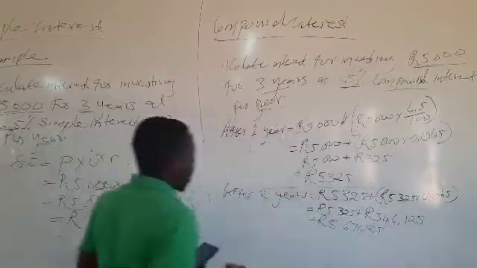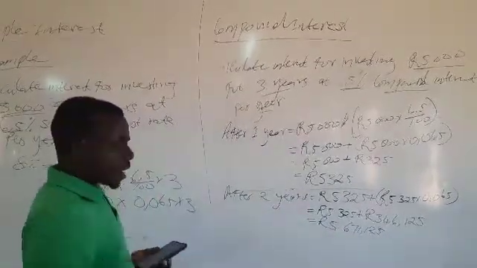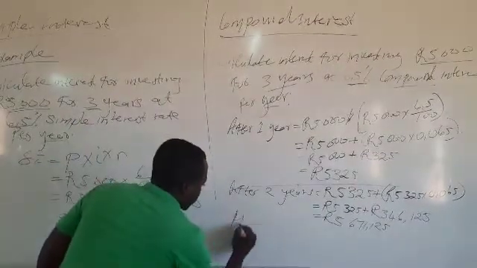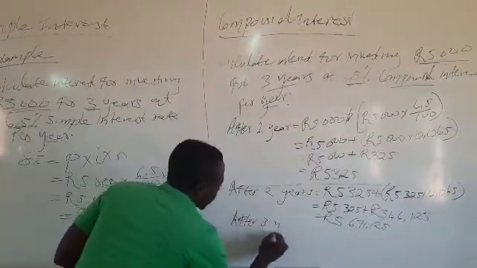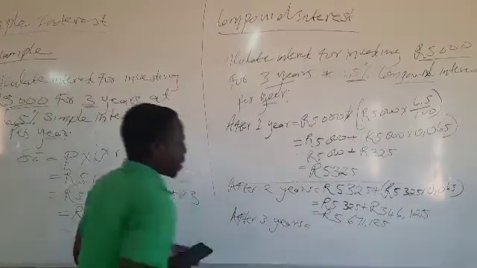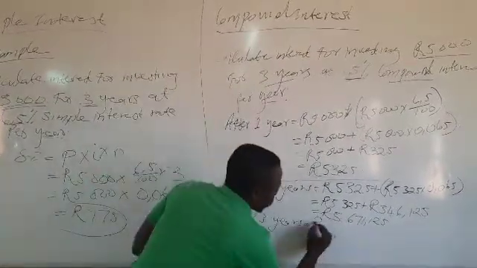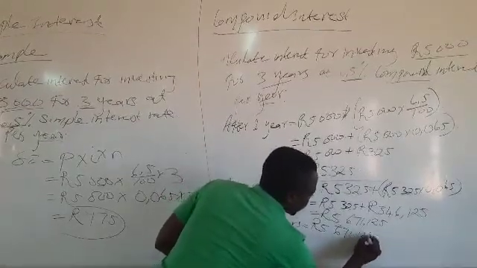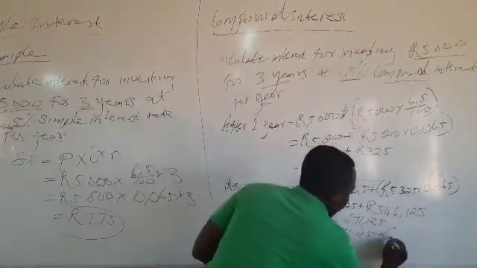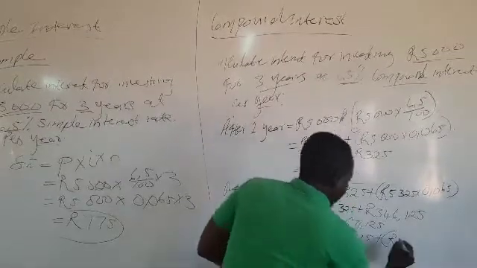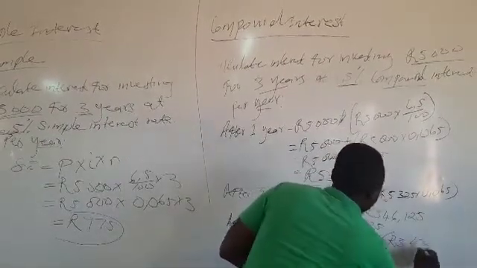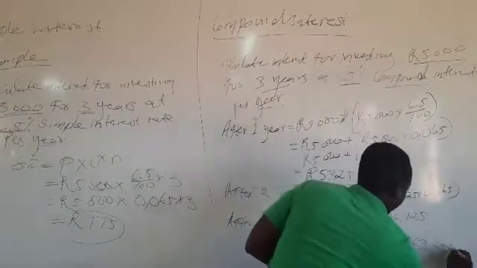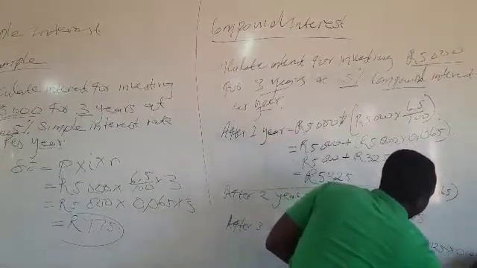Then now we go to the final year, which is after 3 years. After 3 years, we say 5,671.125 plus, open bracket, 5,671.125 multiplied by 0.065.